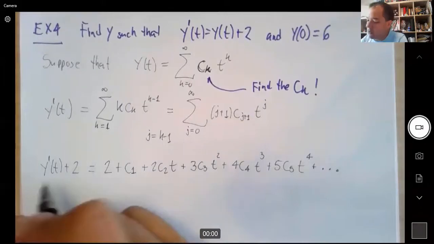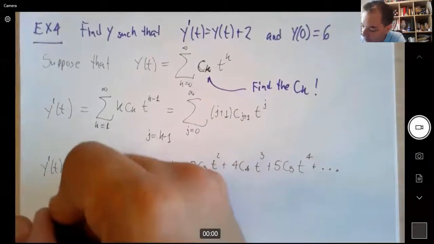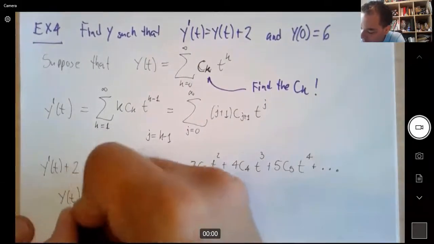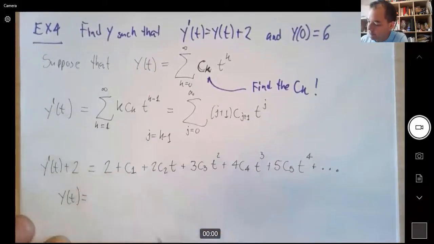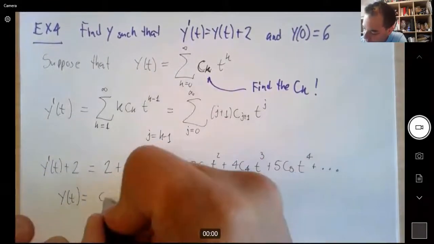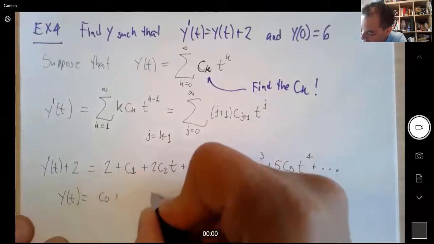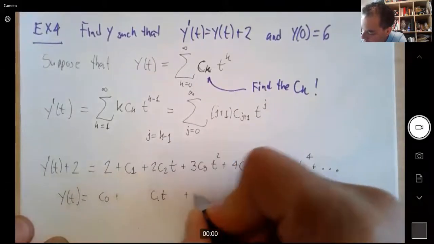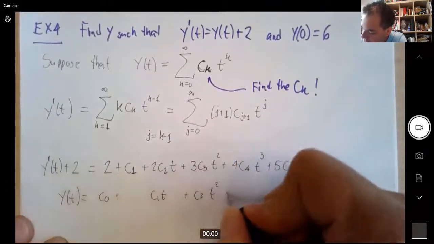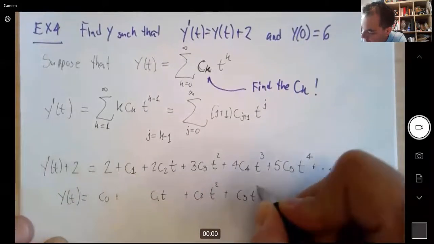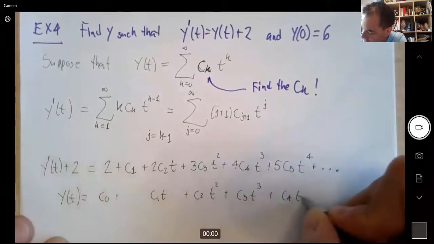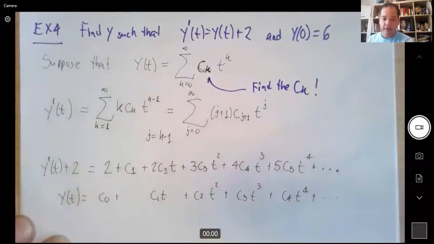Now I'm going to write down y at the bottom so that you can compare them. So here's y. y is c0 plus c1 t plus c2 t squared plus c3 t cubed plus c4 t to the 4th. And notice how I spaced this one weirdly.